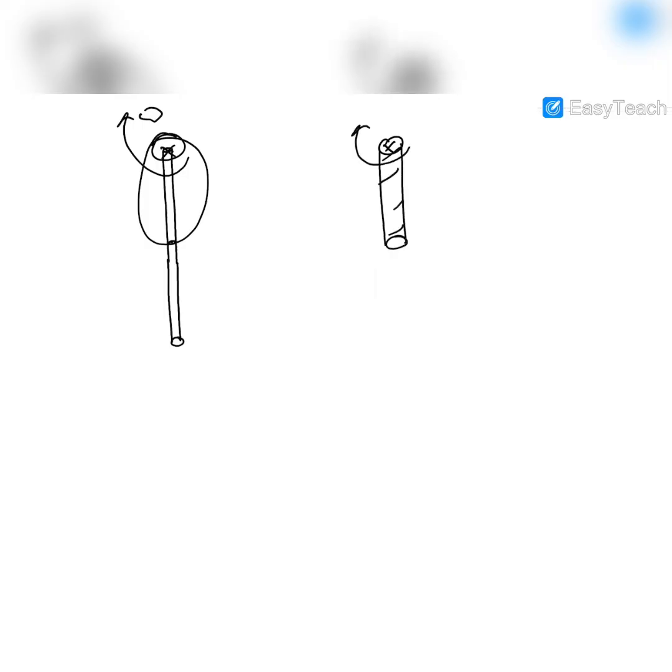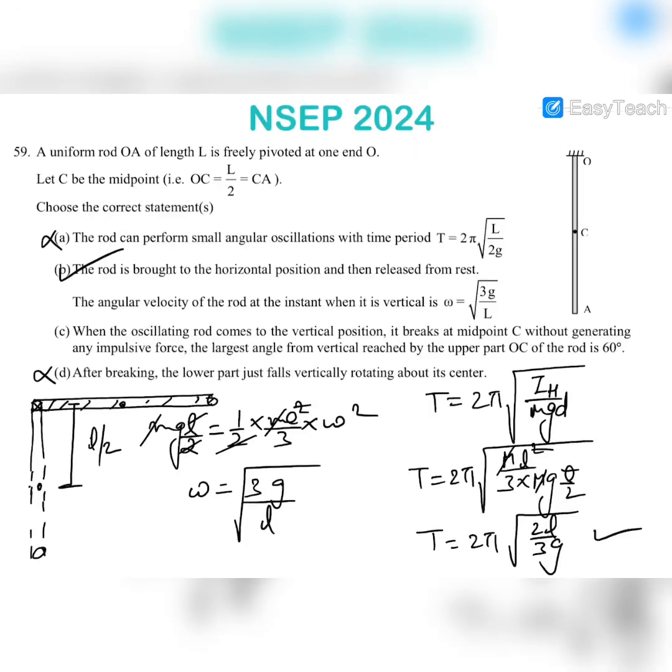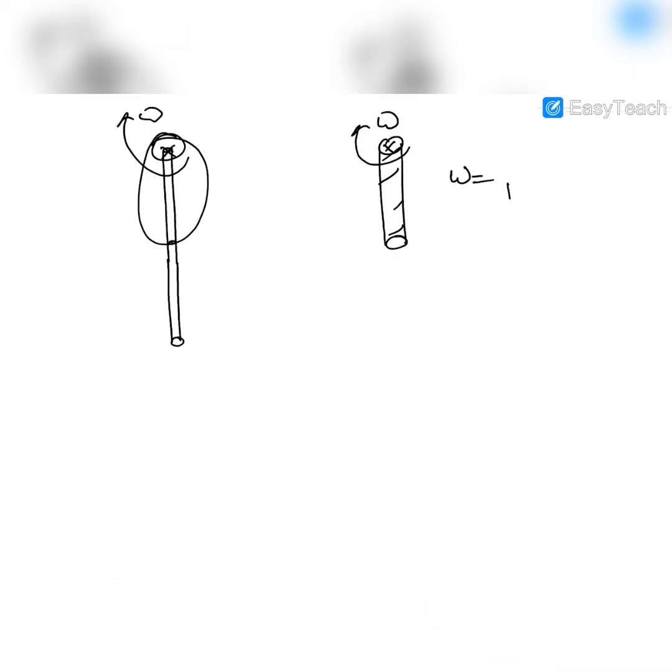Just before the breaking off, this upper part was rotating with an angular velocity of omega, and just after breaking off, its angular momentum will be conserved, so it will still be rotating with the angular velocity omega. Omega we have already calculated as under root of 3g by L, and by conserving the energy, half I omega square is equal to mgh, we can find out the angle.